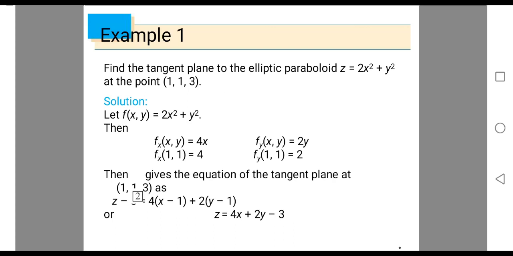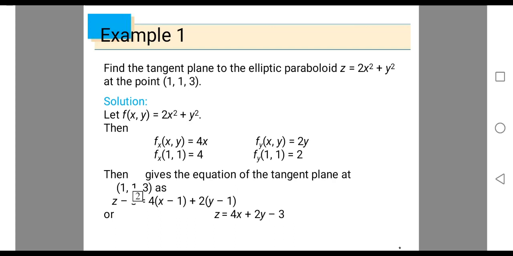We say that f of x, y is equal to 2x squared plus y squared. Then fx, we take a partial derivative, and it is 4x.